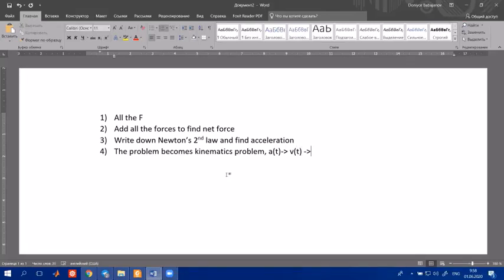And again, integrating, you will get x of t. So main problem of the physics of kinematics or mechanics or dynamics is to find x of t. How body moves, how its coordinate or its position change with time. So this is the algorithm of the solution of dynamics problem.